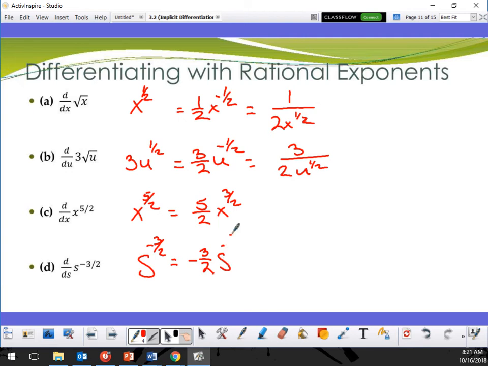Yep, 5 over 2. And so negative 3 over 2 s to the negative 5 over 2 like that. Easy enough, right? Hopefully.